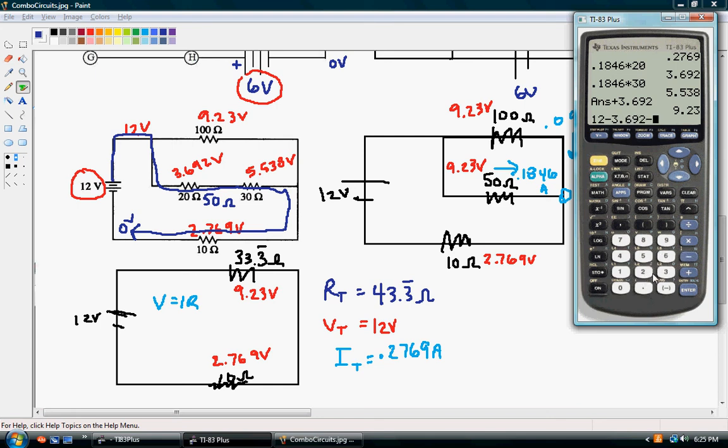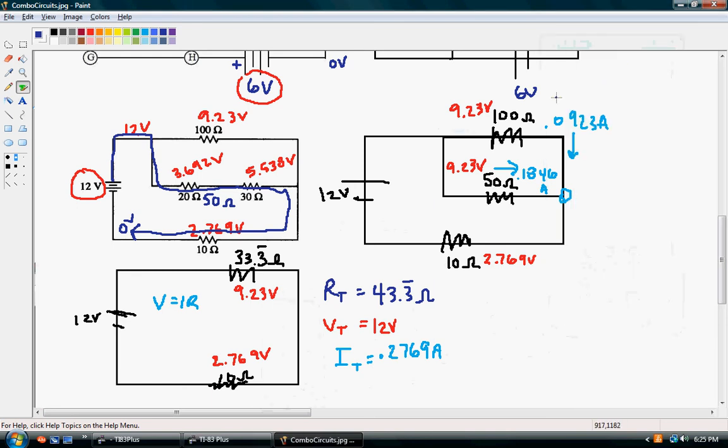And then we went through the 30 ohm resistor and used 5.538. And then we went through that last resistor and used 2.769. And we end up with 0.001. The reason it's not exactly 0 is because of a rounding issue. But rounding to 3 or 4 decimal places gets us pretty close.